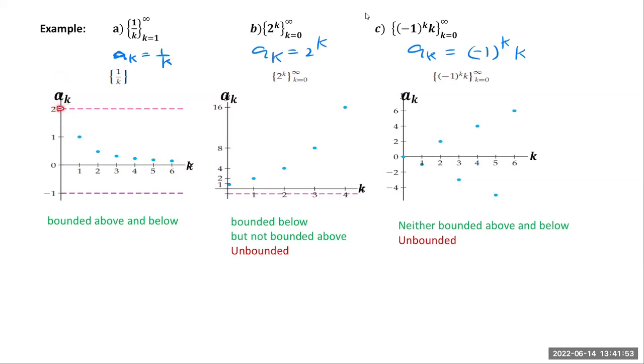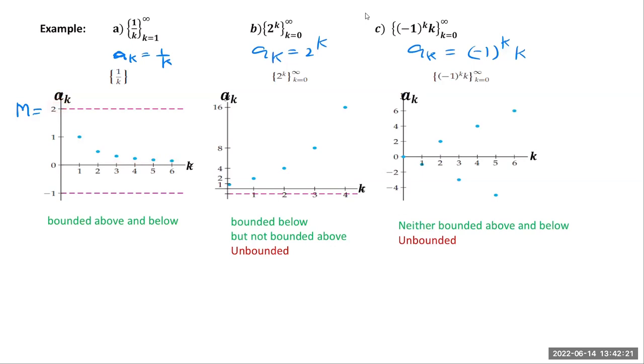I take this number to be my uppercase M. This will serve as my uppercase M when we talk about bounded above. That means this sequence is clearly bounded above because I have an uppercase M so that all the terms of my sequence are below this number uppercase M. All the terms of the sequence are less than or equal to 2.